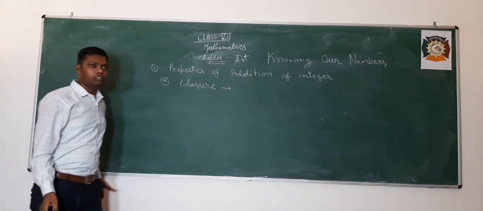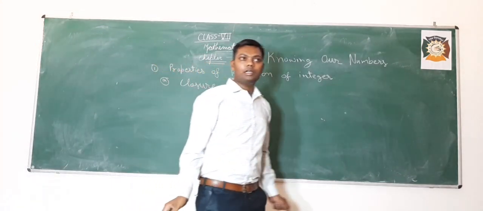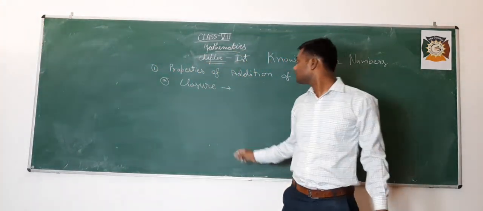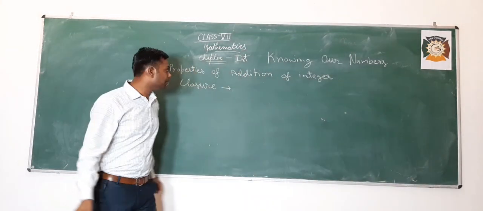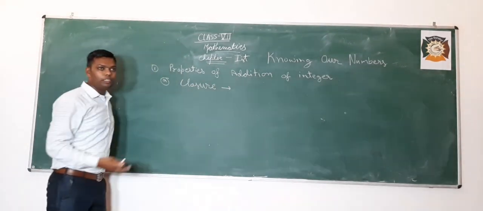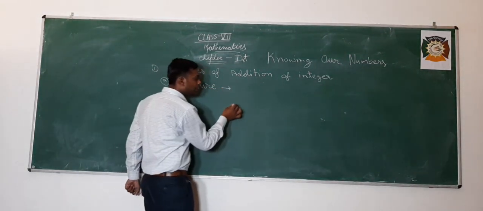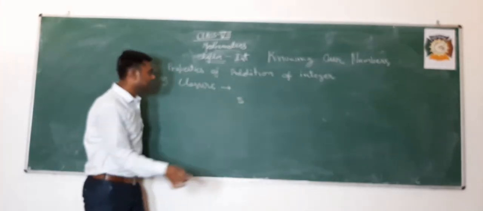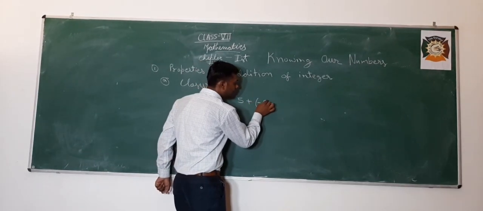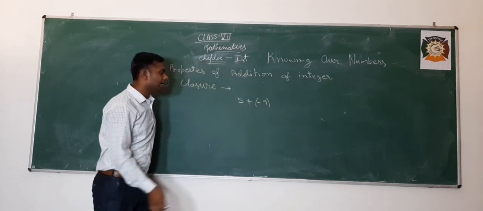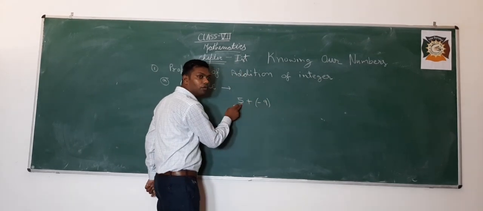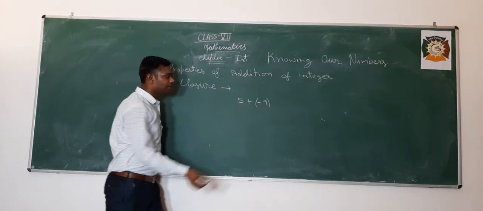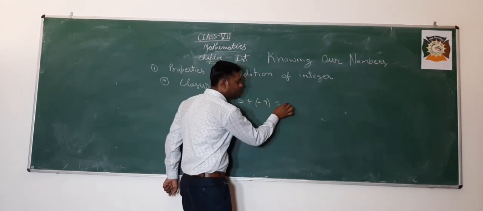Let's see the definition and example. If you take any two integers, it may be 5. Let's consider another, it may be minus 9. And we have to add them. What we get? Different sign.